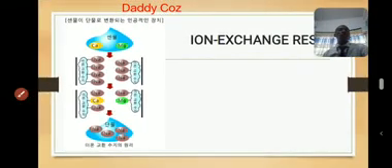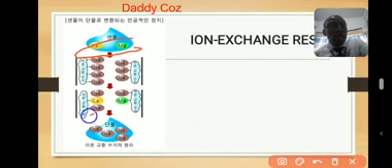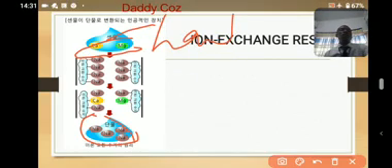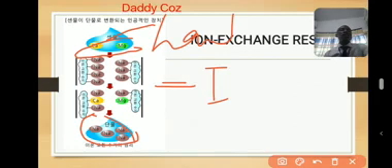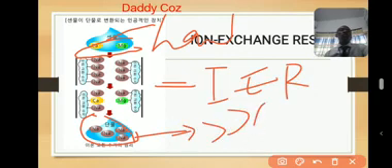You can see. So here now, water that is already having calcium before and magnesium is here now having a sodium ion. So this is hard water. This ion exchange resin. Then water coming out from it is soft water. So that is how ion exchange resin works.